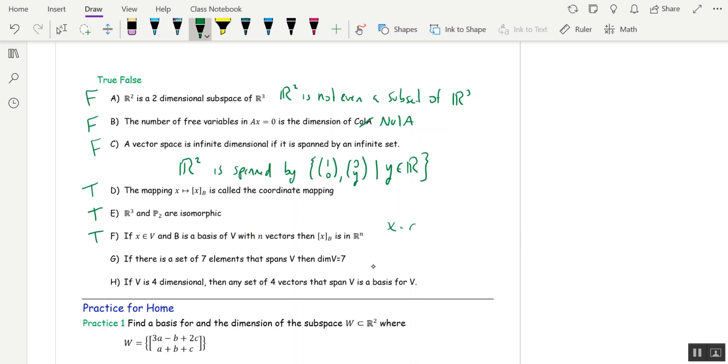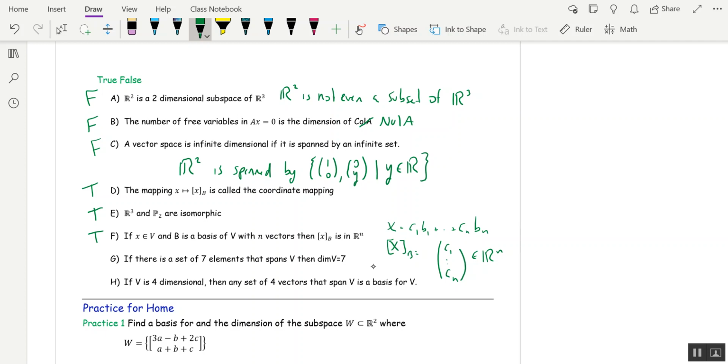You write x as c1 b1 plus ... cn bn. And then the coordinate vector is defined to be the c's, c1 ... cn. So the number of c's you have is the number of basis vectors you have. And so if there are n of them, then yes, this vector is in Rn.